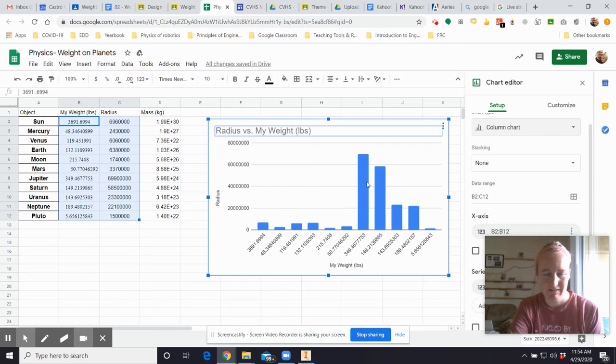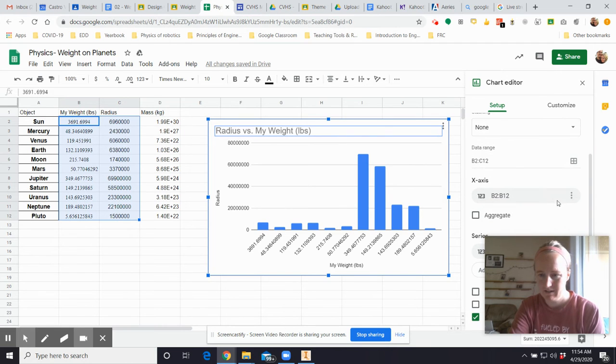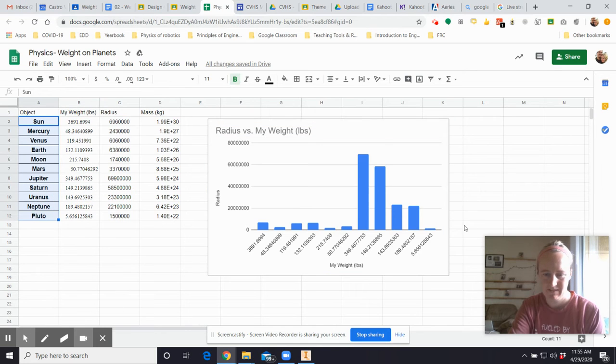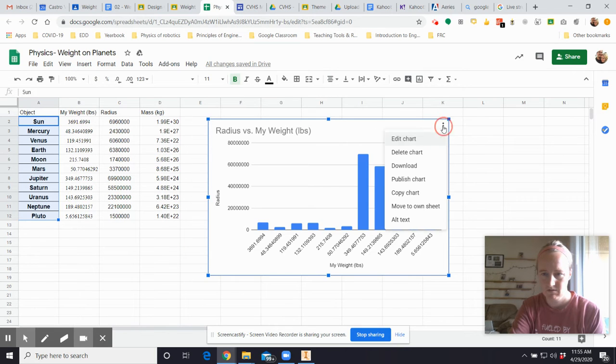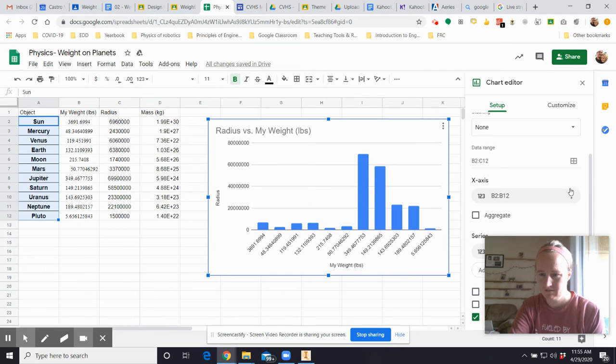You could probably even, at this point, we could look at the x-axis being maybe this one. If I go back to this now, how do I edit? Edit chart.